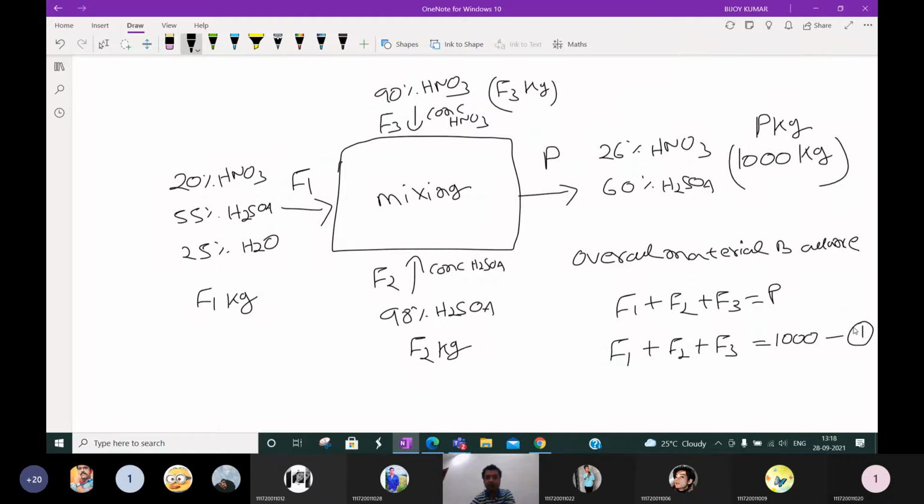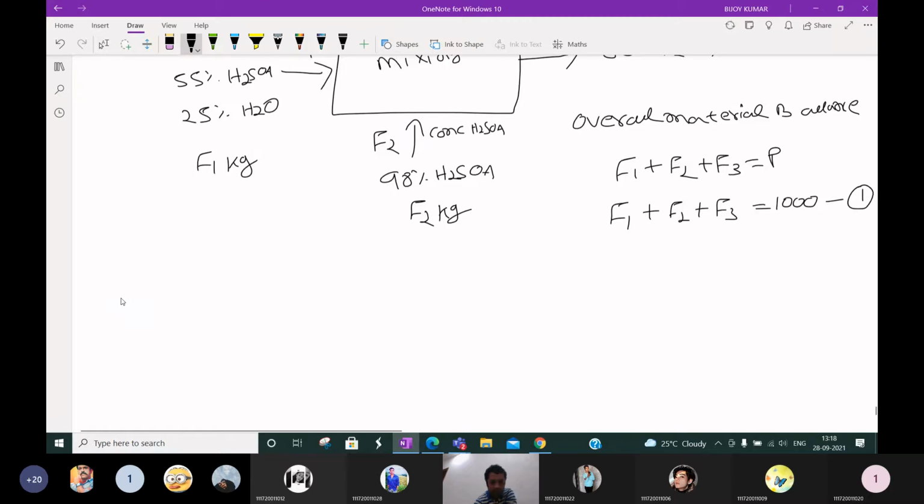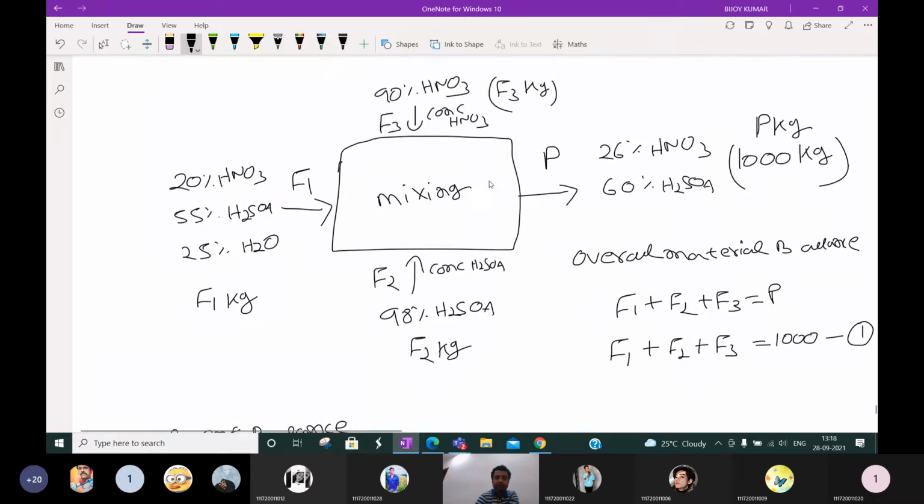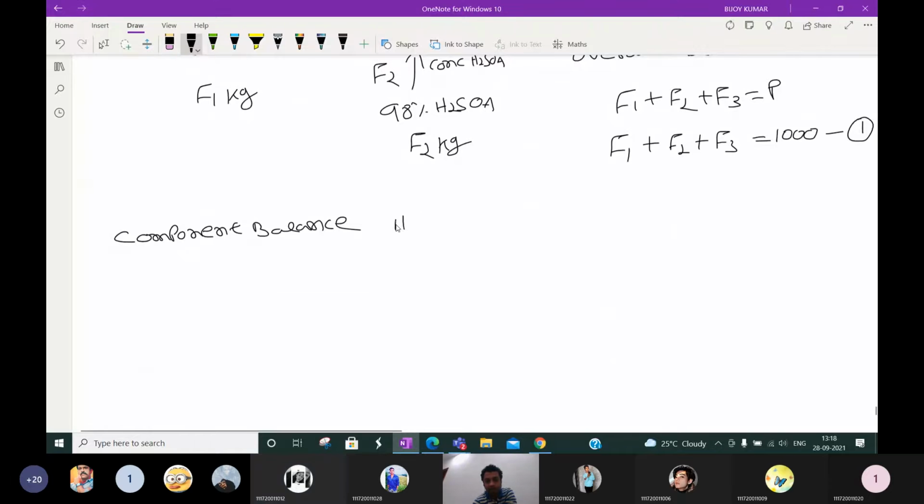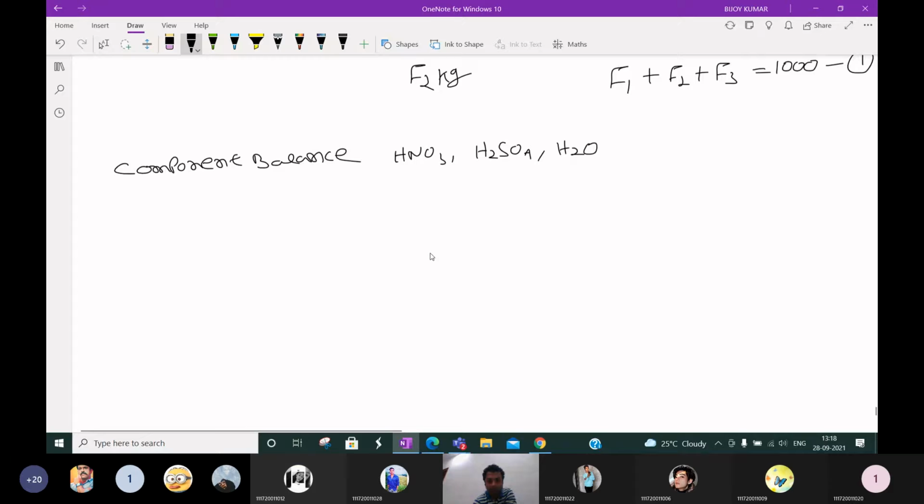Next, after the overall material balance, what do we have to do? Component balance. Before going to the component balance, what are the components in this total system? First is HNO3, second is H2SO4, and third is water. Let me draw the diagram once again.